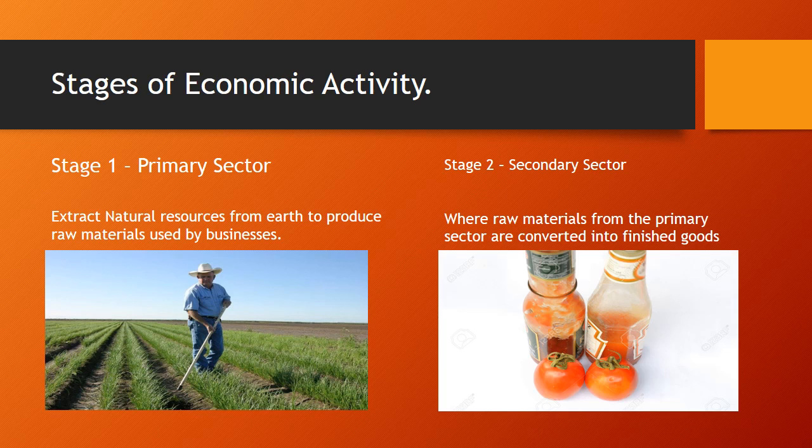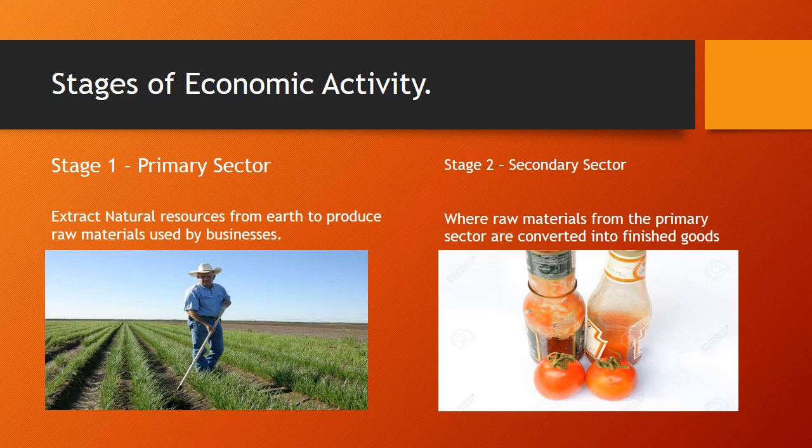Think about farming, fishing, extracting coal, extracting oil, extracting anything that is a raw material for manufacturing goods. Natural resources that are extracted is called the primary sector.